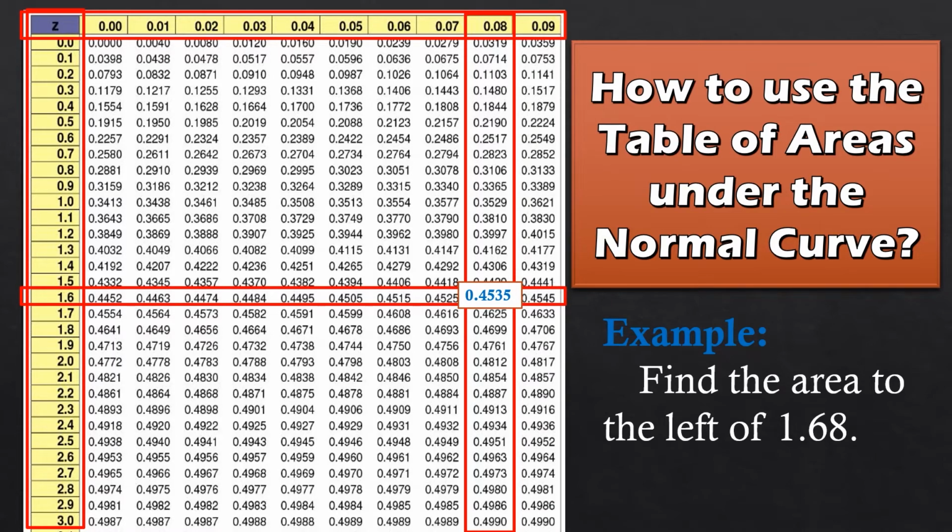So this is how we can use the z-table, or the table of areas under the curve. This is how we can get the area for a specific z-value.